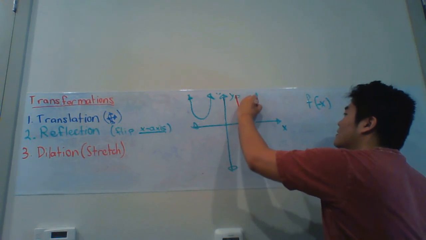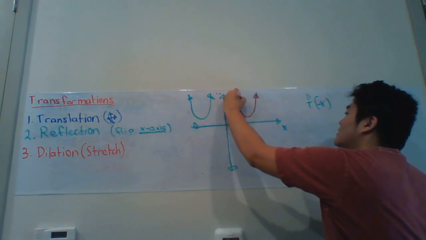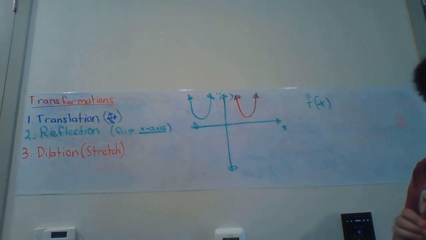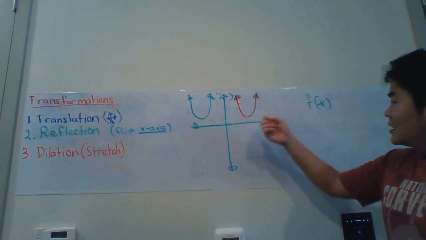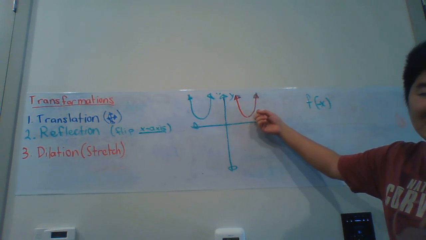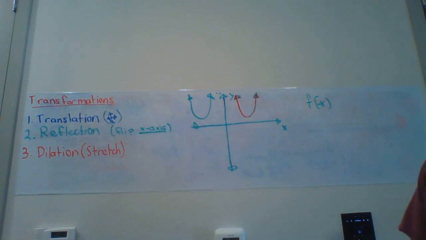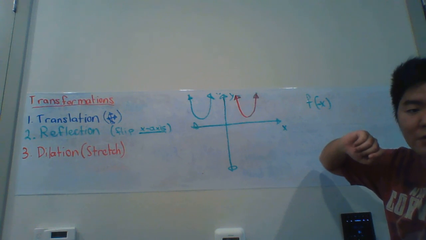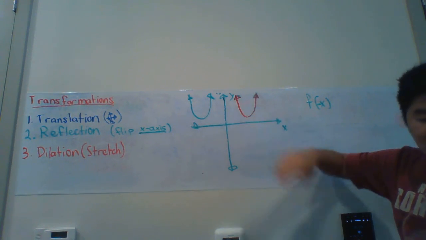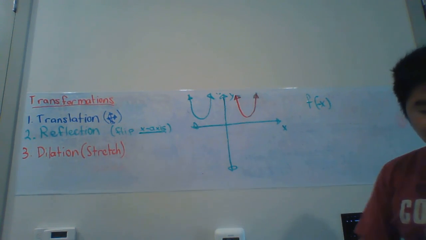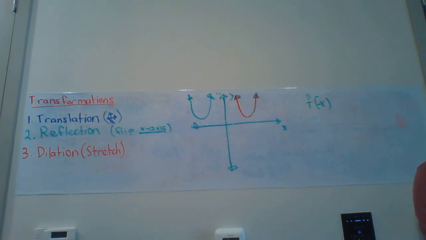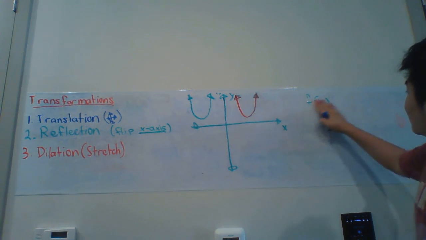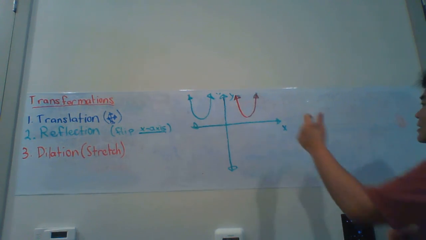I'll use a different marker for this one. There we go. So in this case, it actually isn't the same parabola because it's not resting on that y-axis like before. So in this case, it would be a little bit different. And let me write this in red so you guys understand.